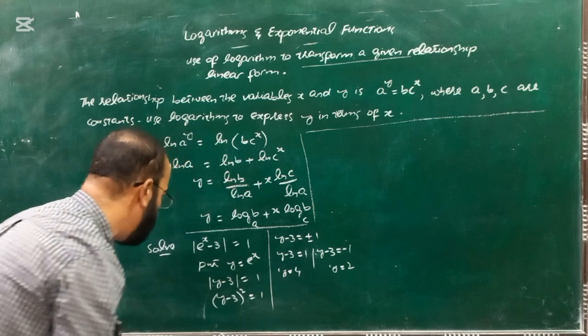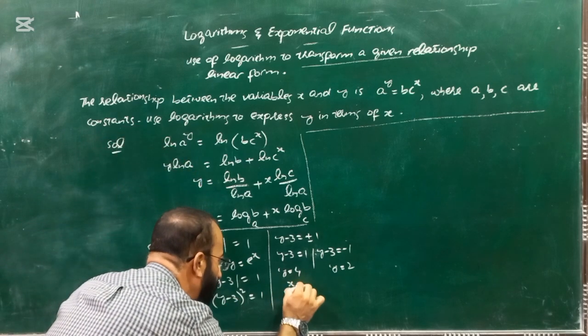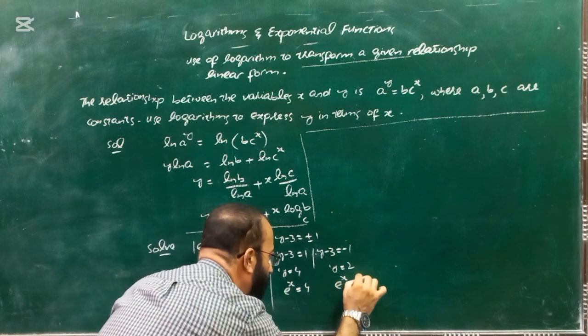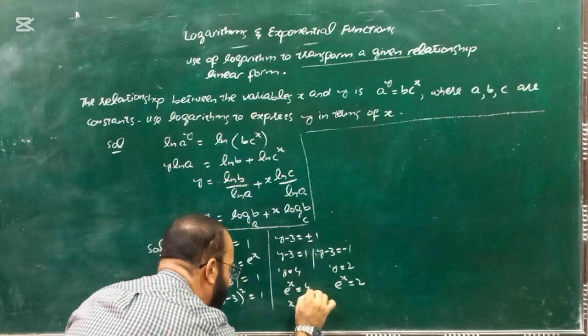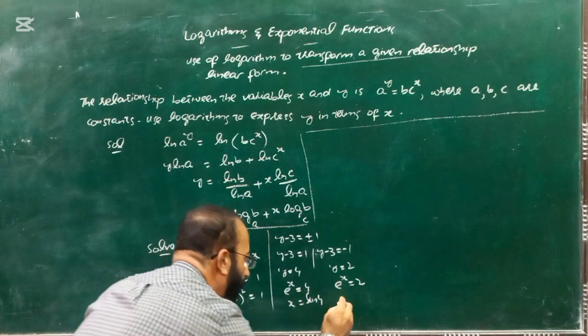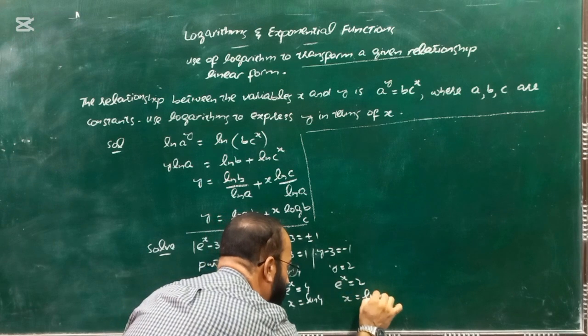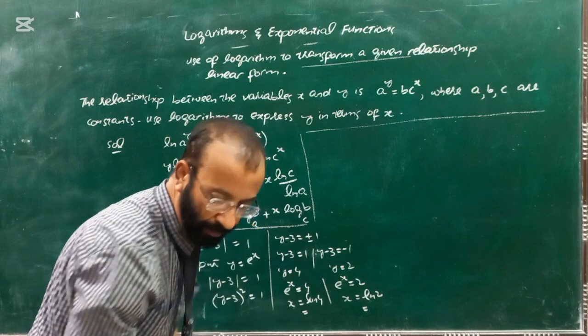Replacing the values, because y is equal to e raised to power x. So e raised to power x is equal to 4 and e raised to power x is equal to 2. Take natural log of both sides, so x will be equal to natural log of 4, and from here x will be equal to natural log of 2. Use the calculator now.